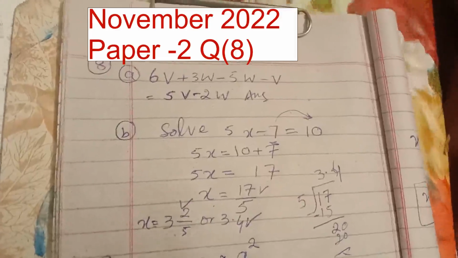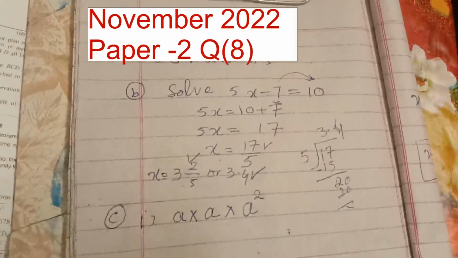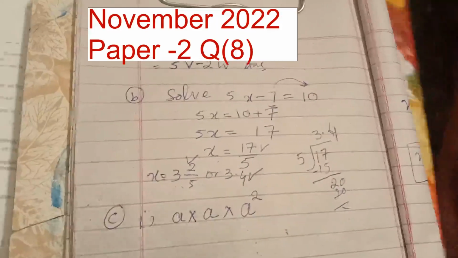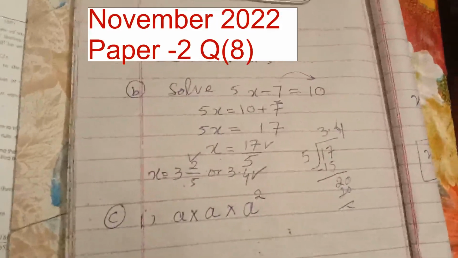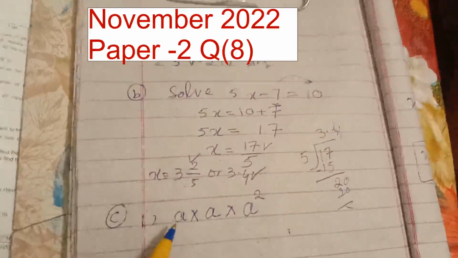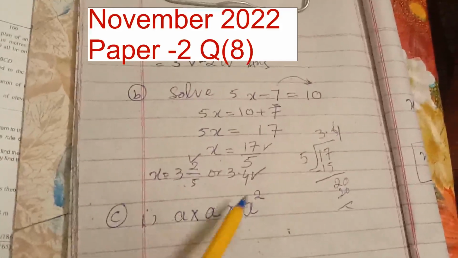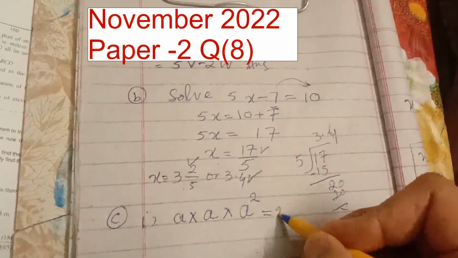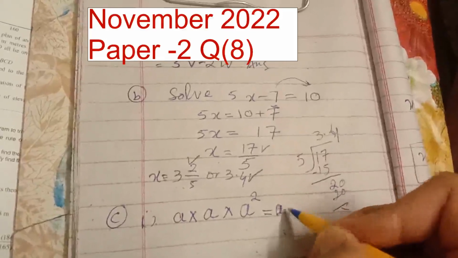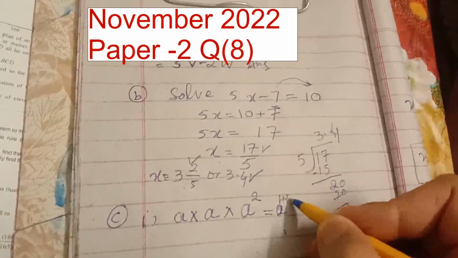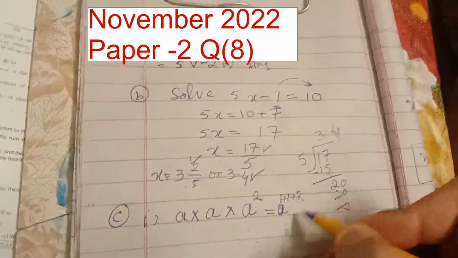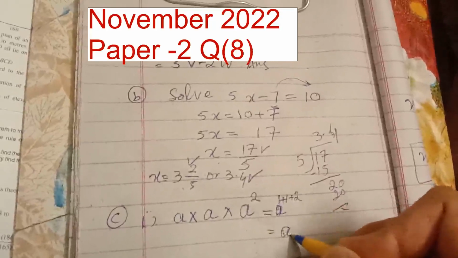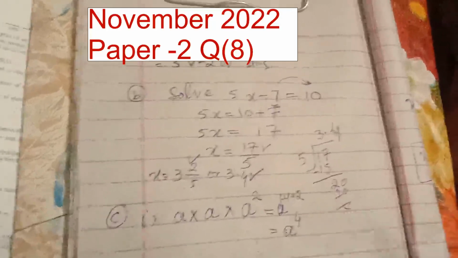So we add these indices, is a into a square. So this power is 1, this power is 1, this is 2. So when you multiplied it, these powers will be added, you get a raised to the power 1 plus 1 plus 2. So 1 plus 1 is 2, 2 plus 2 is 4. So answer will be a power 4. This is first part.